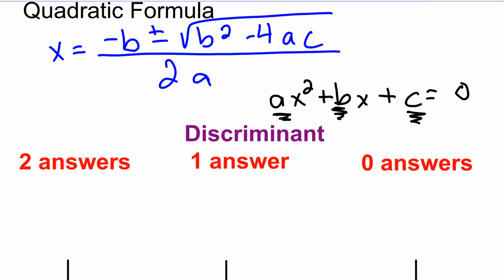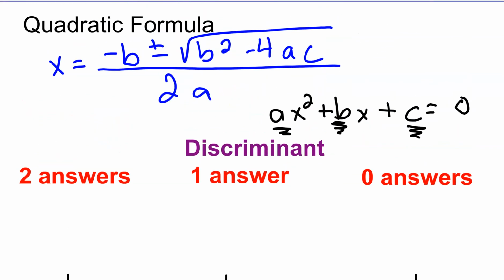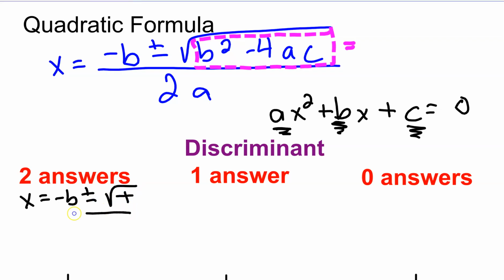Just some number sense I want to talk about here is the discriminant. The discriminant is what is underneath the square root. Whatever that number is, that's the discriminant. So if I have x equals negative b plus or minus, and I have a positive number underneath here, I'm going to have two answers.